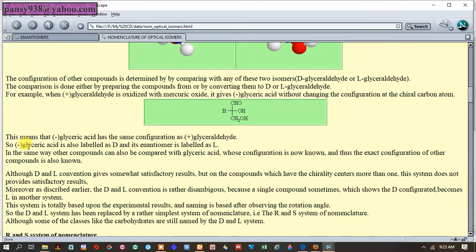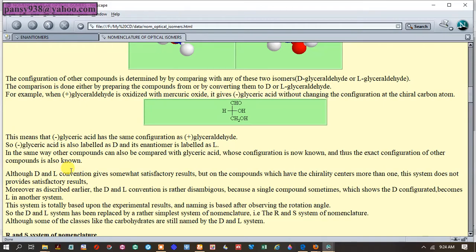So it does not mean always that the capital D series compounds are always dextrorotatory. They may be levorotatory. This shows that this system is a little bit ambiguous, and a single compound which shows D configuration becomes L in another systems sometimes.